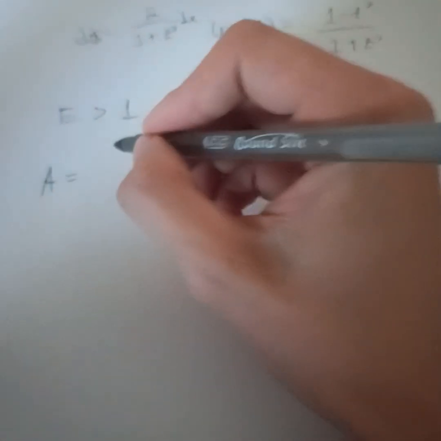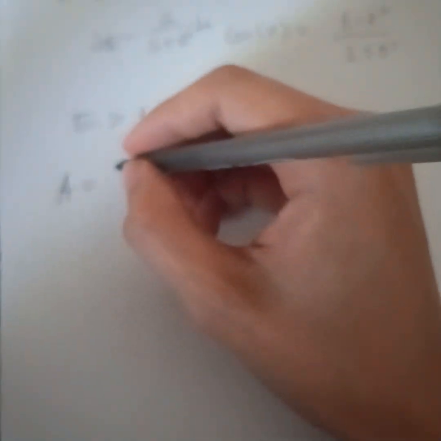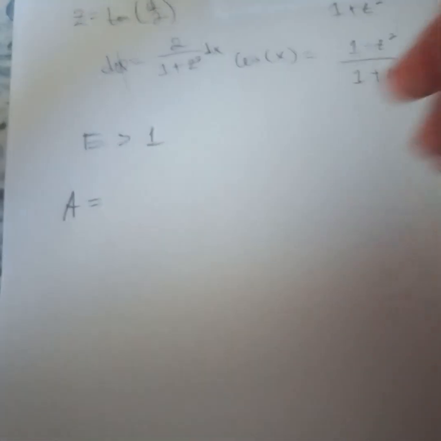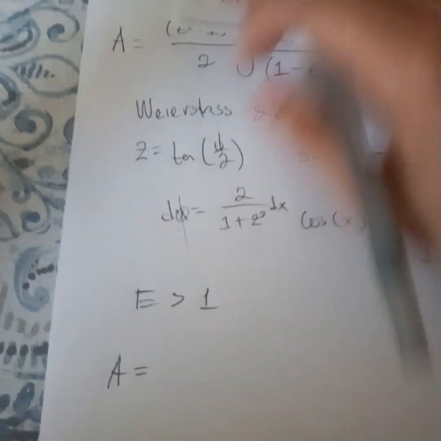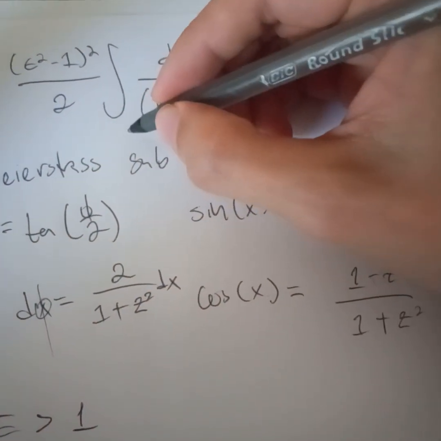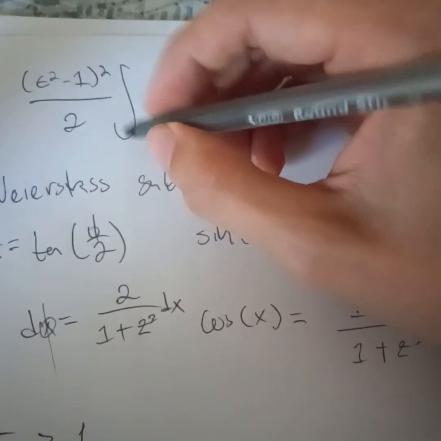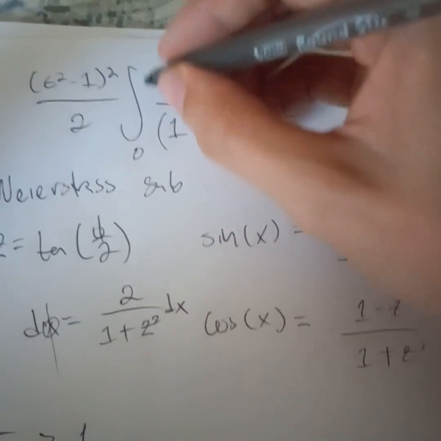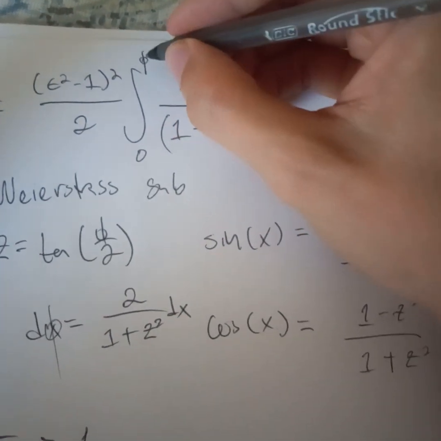So let me sort of write this thing down. And it happens to be that the integral, let me start. So if I set the bounds here to angle 0, and then some angle phi.